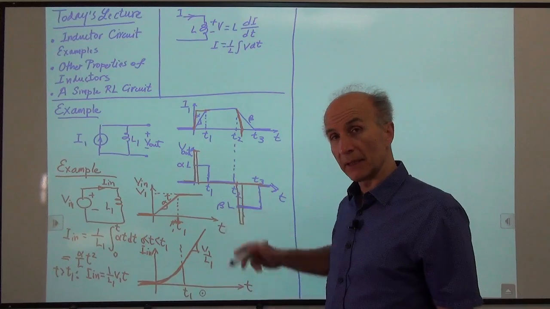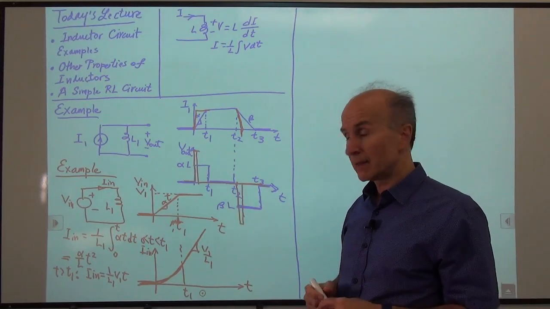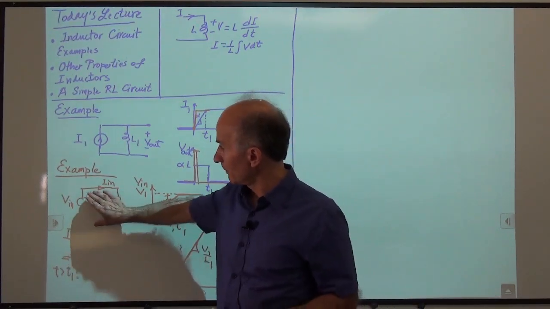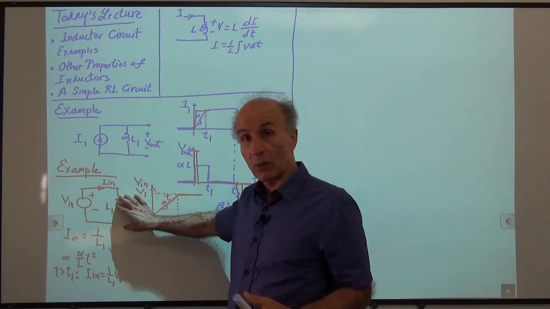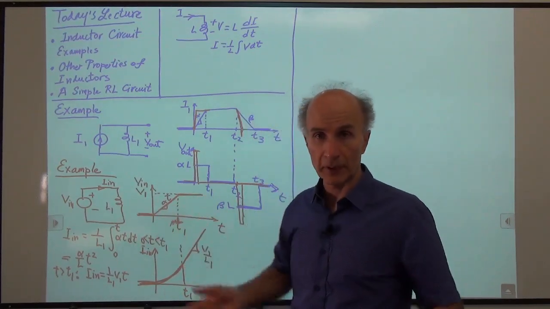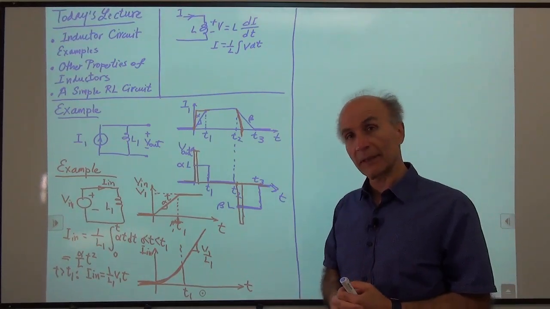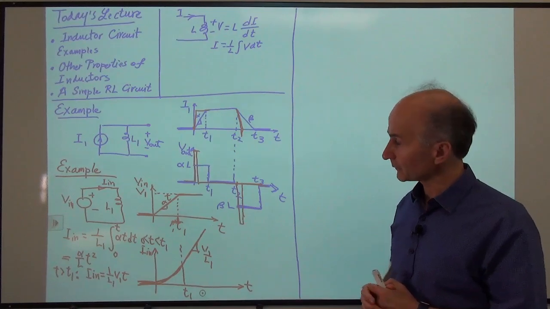It just goes to infinity. And that sort of makes sense. Does it make sense? Well, when the voltage is constant, it's like you have applied a battery across an inductor. And what should happen? The inductor wants to draw more and more current. So the current just keeps going up and going up, as if the inductor wanted to act as a short circuit, right? It's not entirely true, but intuitively that's what would happen.